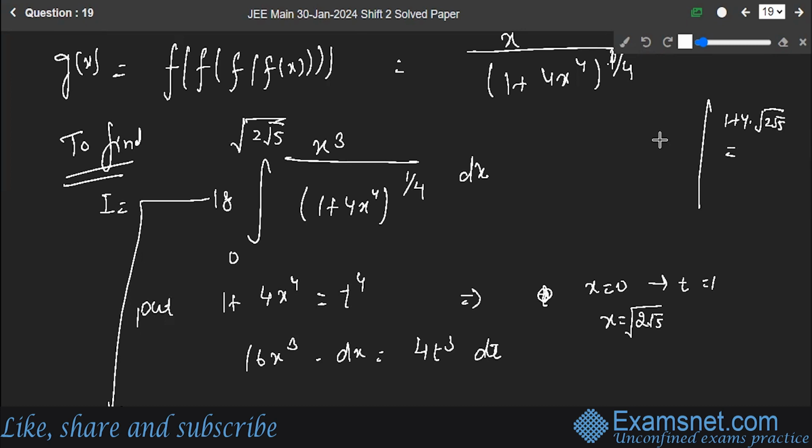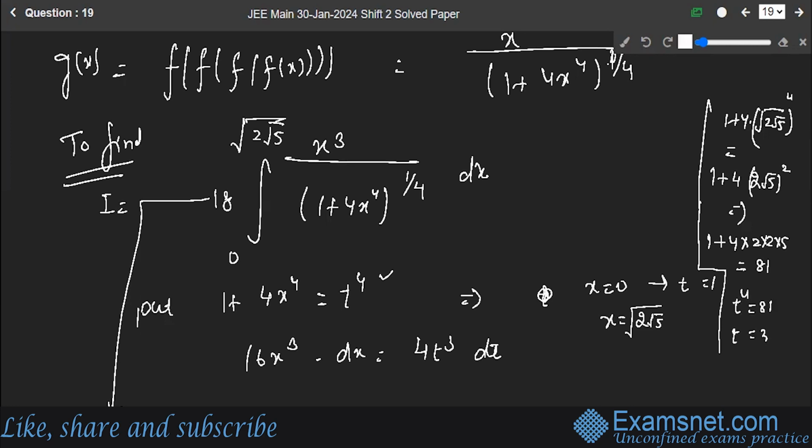This is equal to 1 plus 4 into (2 root 5 square) squared, which is 1 plus 4 into 20 into 20 ... this will give me 81. So t power 4 is equal to 81, which gives me t as 3.